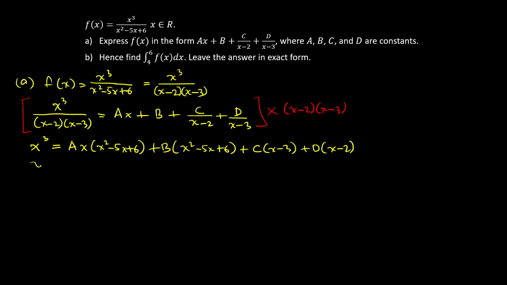So x cubed equals a, let's just expand it all together: ax cubed, x times x squared is x cubed, minus 5ax squared, and then plus 6ax plus bx squared minus 5bx plus 6b.